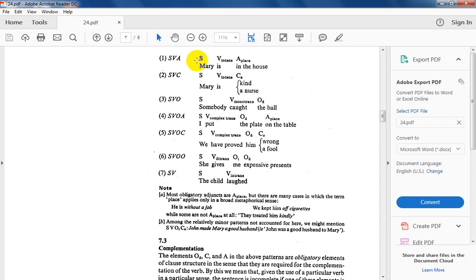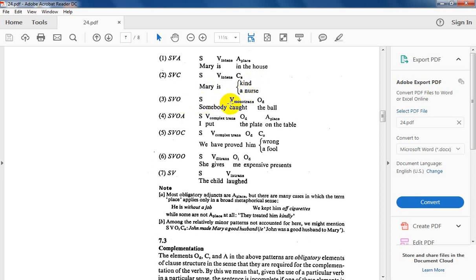Look, the first type is SVA: SV intensive, and this A is an obligatory one. SVC: subject plus intensive verb, and I have the subject complement, in the form of an adjective or a noun phrase. Mary is kind, Ali is clever, Ali is a teacher.